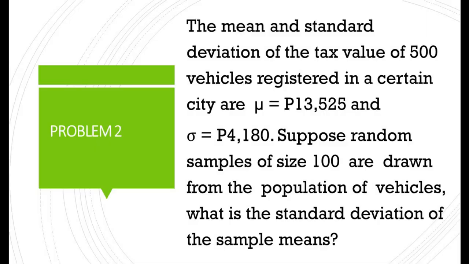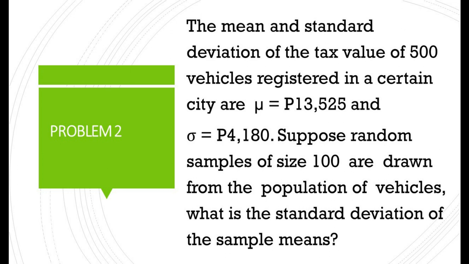Let's have the second situation. The mean and standard deviation of the tax value of 500 vehicles registered in a certain city are 13,525 pesos and 4,180 pesos respectively. Suppose random samples of size 100 are drawn from the population of vehicles.